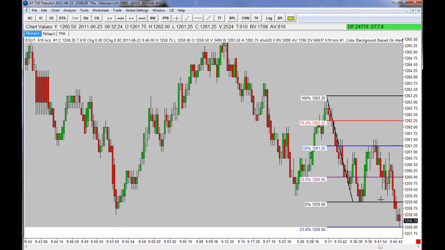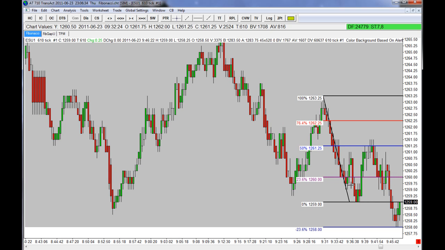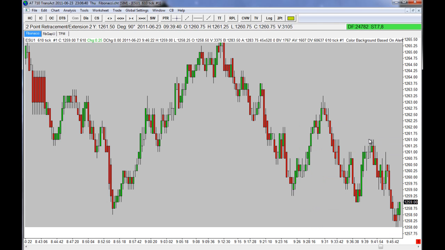Okay, then price again went through the 0% level. So I was looking to draw a new fib.